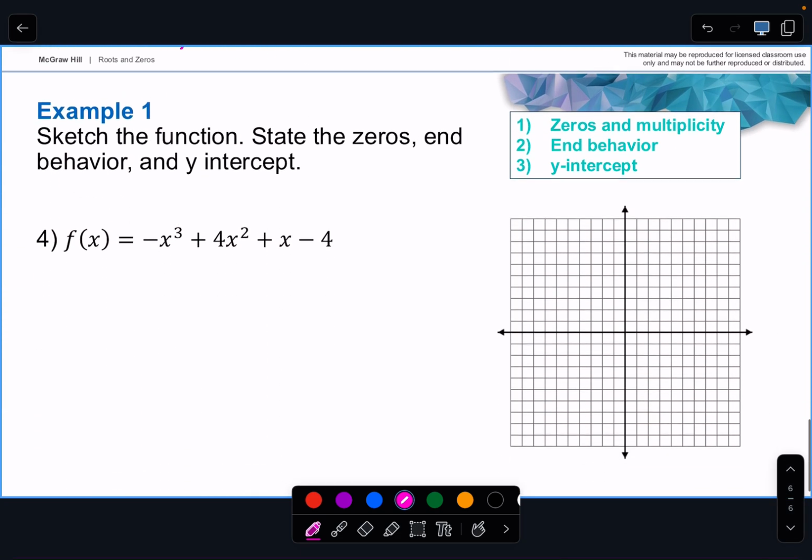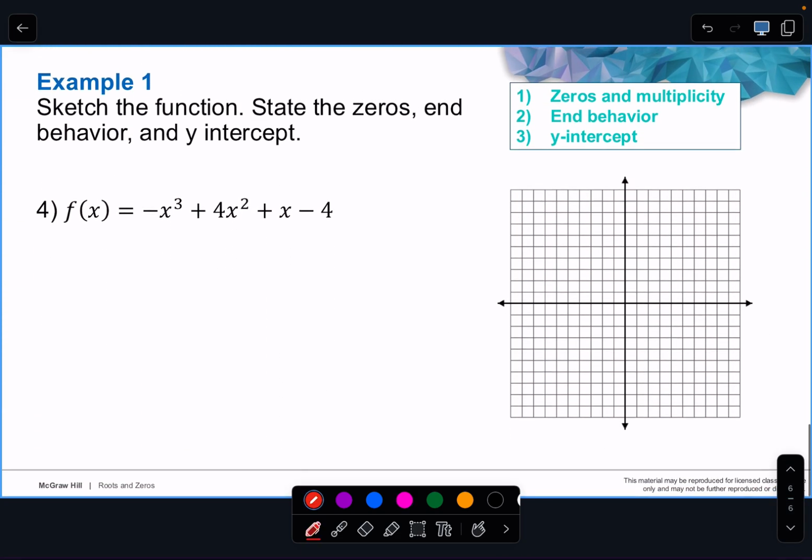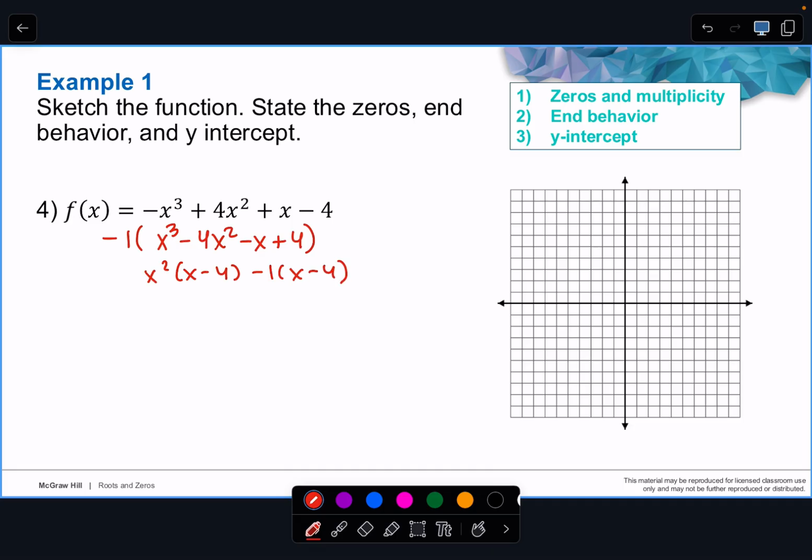Okay, last one. I'm definitely taking a -1 out because we have a leading negative. That changes all signs. And then I'm just going to ignore that -1 when I go to do grouping. Just get that out of there, so. And then I just do grouping without that.